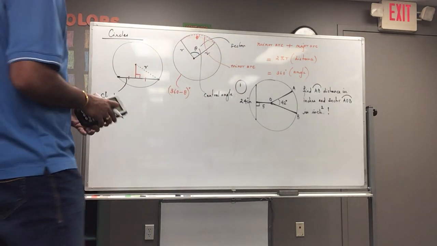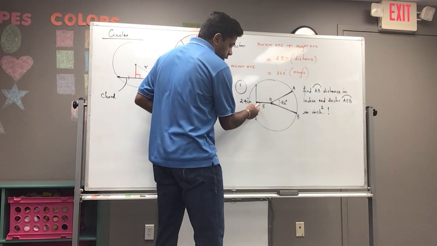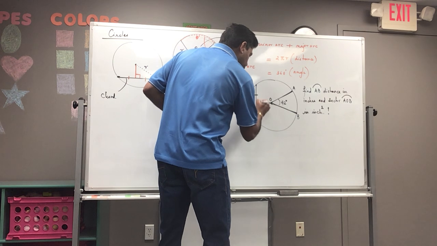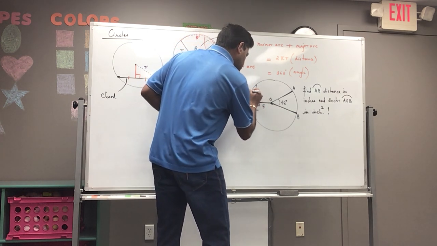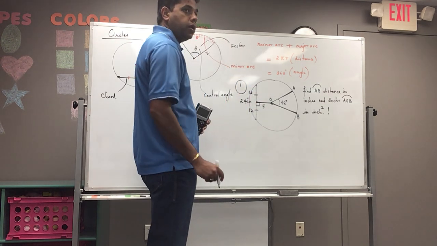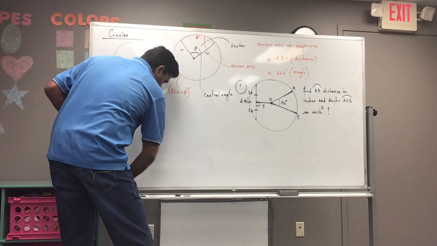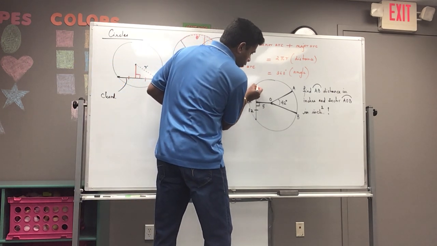First thing first. This line is drawn at 90 degrees, so it's going to bisect the chord of 24 inches. So this becomes 12, and this becomes 12. Sounds good? Next, I'm going to use this to find the radius.